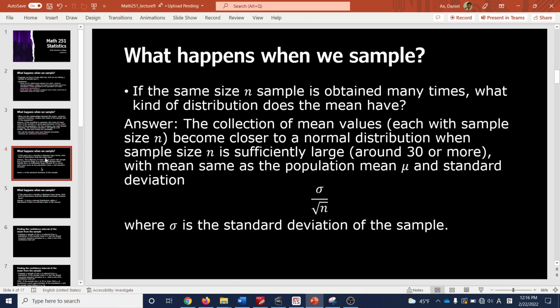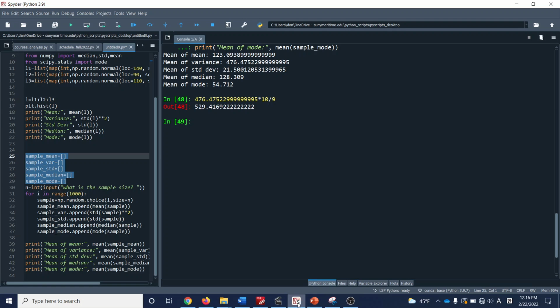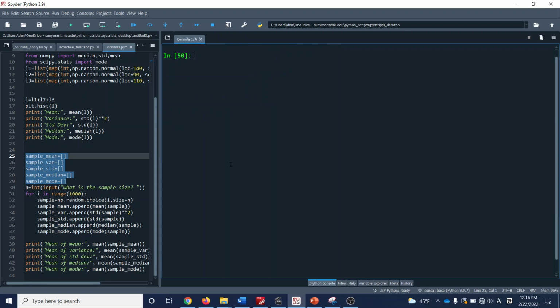Now, the second question is, if the same size n sample is obtained many times, what kind of distribution does the mean have? So let me try to explain this a little bit because the question itself is not so easy to understand. What if I take the sample mean?